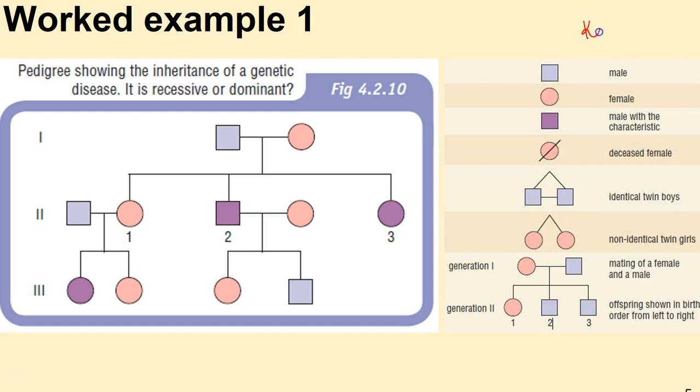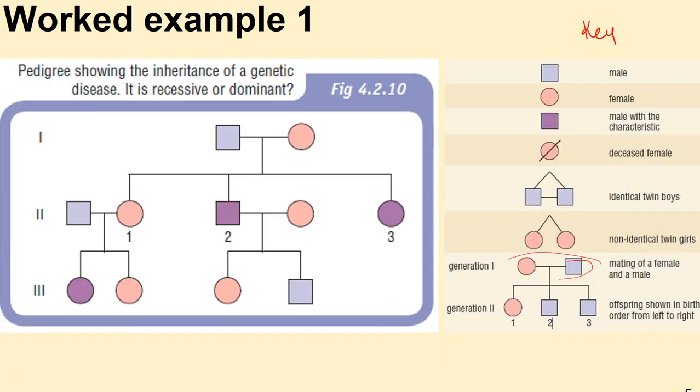We can see that a light blue square is a male, our peach circle is a female, and the darker purple square is a male that shows that characteristic. We also have some combinations here for identical twins and non-identical twins, and we can see that each level of the pedigree shows a different generation.